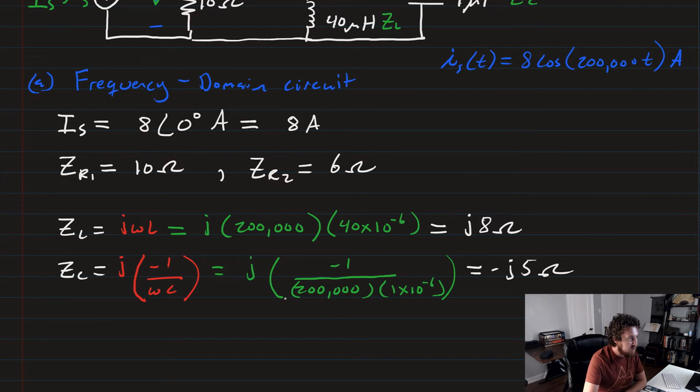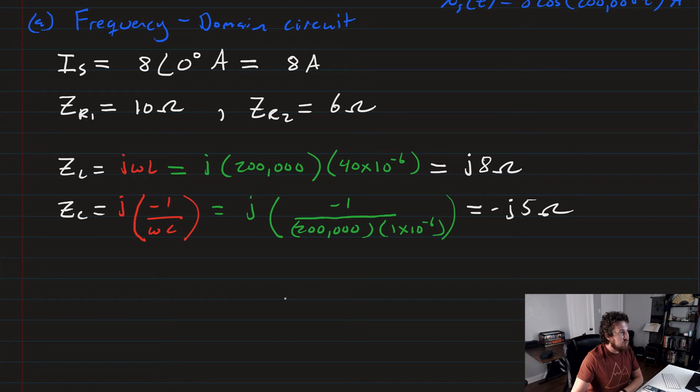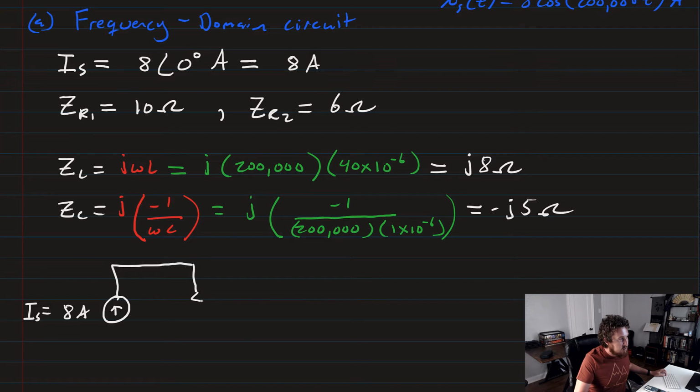Let's go ahead and redraw our circuit real quick as best as we can. That's going to be our current source. That's not Z, but I sub S equals 8 amps. Starts off by being in parallel. We'll still use the symbols here, but that's just 10 ohms.